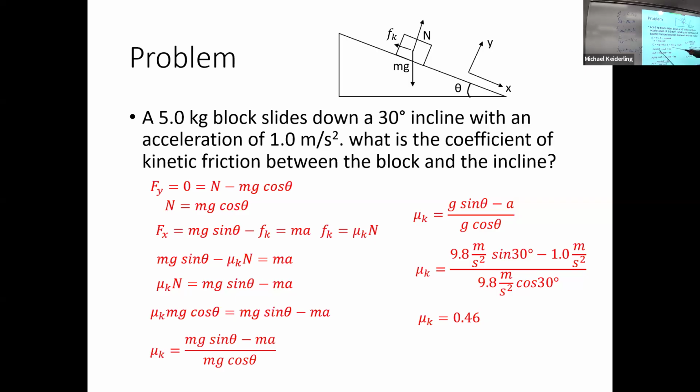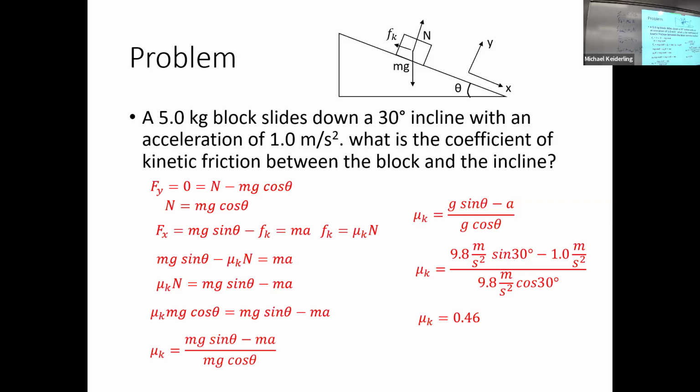For x, we have mg sine theta going down the slope, minus the friction force, and that equals mass times acceleration.